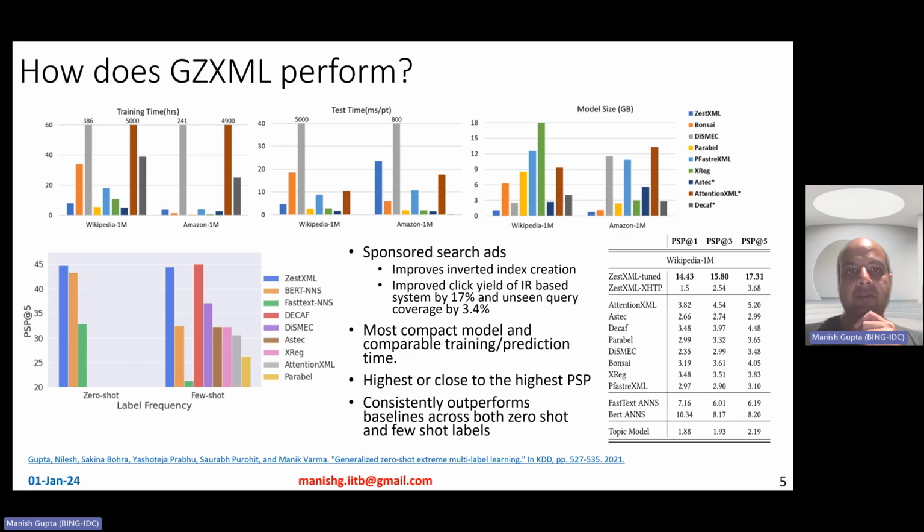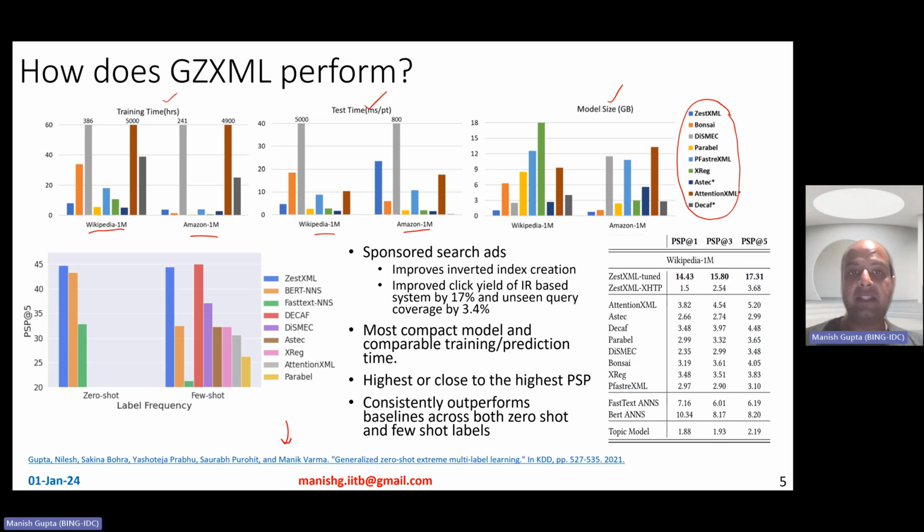Now, how does ZestXML perform in experiments? The paper shows experiments on several public datasets as well as on a proprietary Bing sponsored search ads dataset. Here are results for training time, test time, and model size in GBs, on two datasets, Wikipedia and Amazon, compared across several other popular extreme classification algorithms.